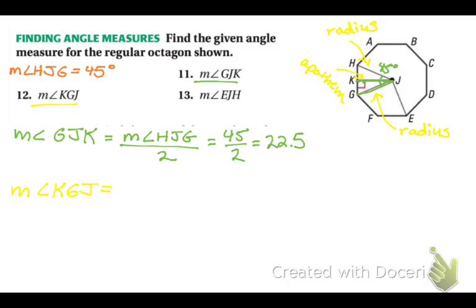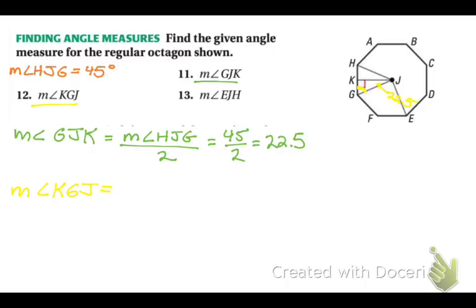So let's erase some of this. I bet you guys can anticipate what KGJ is going to be, and you're right. KGJ is right there. Remember that GJK is 22.5, and so good old Pythagoras comes into play.